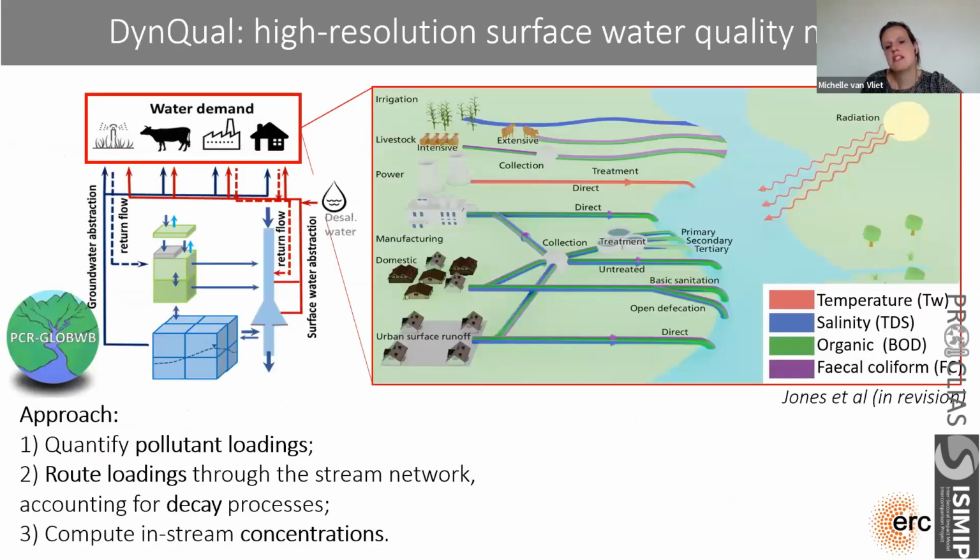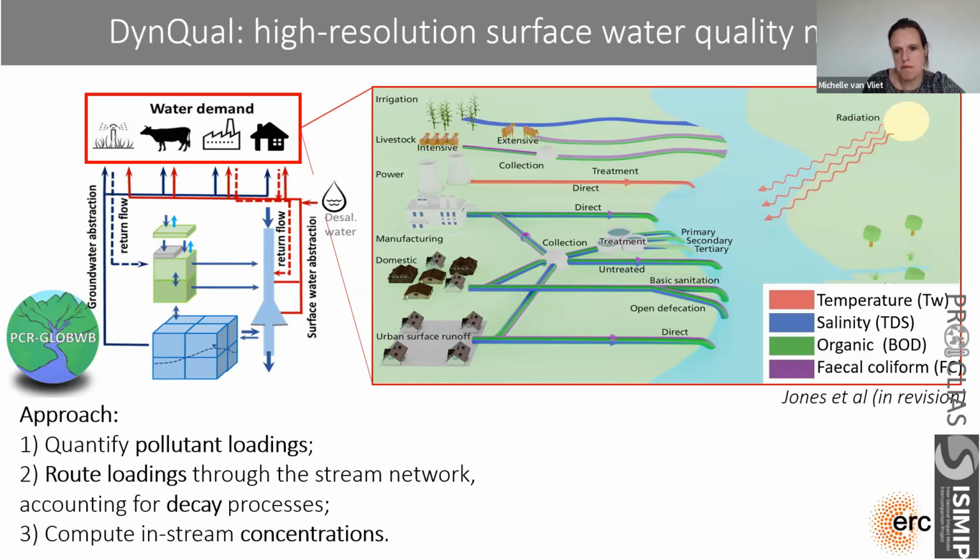But we are looking in more detail into those two-sided relations between water quality and those main water use sectors, also based on modeling. And for this, we are working on developing a new high-resolution surface water quality model at Utrecht University, which we call DynQual.